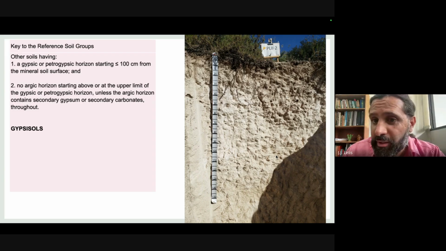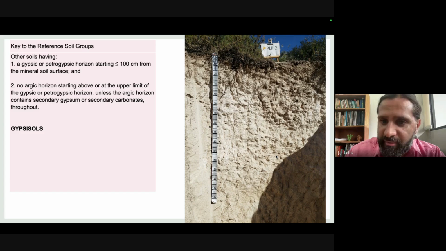I talked with a lot of people that are experts on these gypsum soils, and even then they said, JJ, the only way to identify it is running some XRD analysis. Okay, but then why is it important to keep this RSG? Because it's expressing a very dry condition, the precipitation of a mineral that's quite unstable.